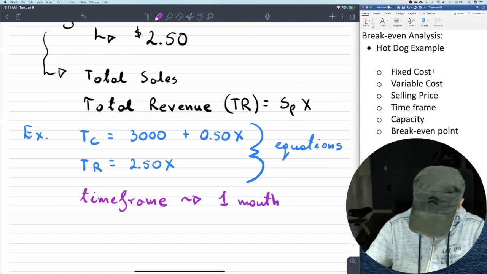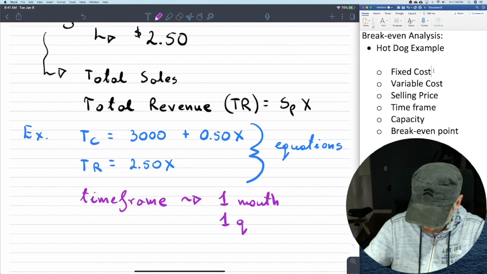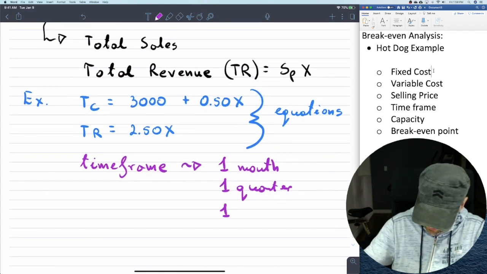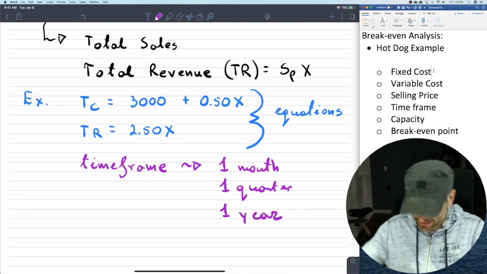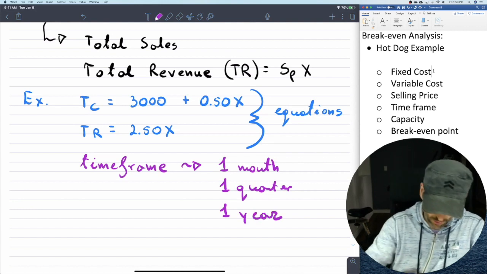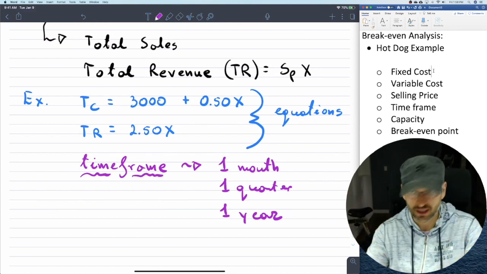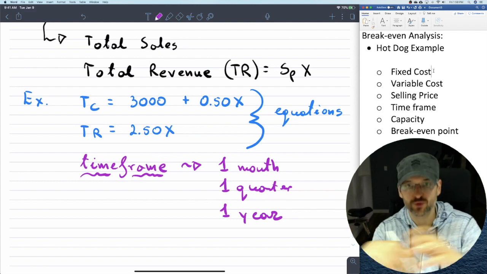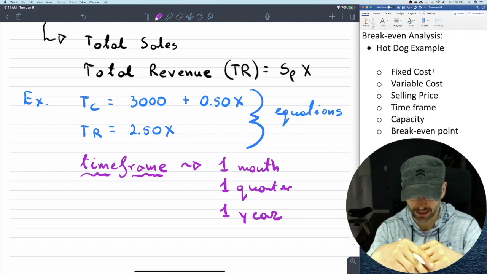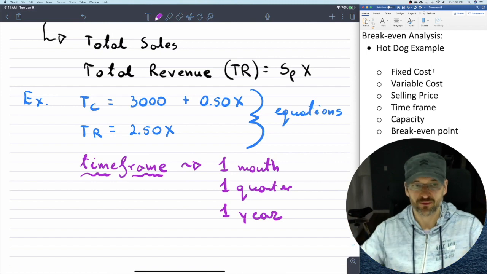It can be 1 quarter, where 1 quarter means 3 months, or it can be 1 year, or any other time frame. So when you are working on these questions, you always have to know what your time frame is that you're going to be selling these hot dogs or making these shoes or selling your services or something like that. Okay, so that's the time frame.